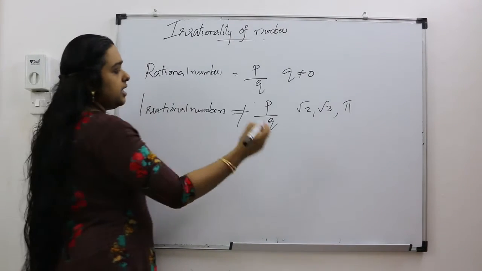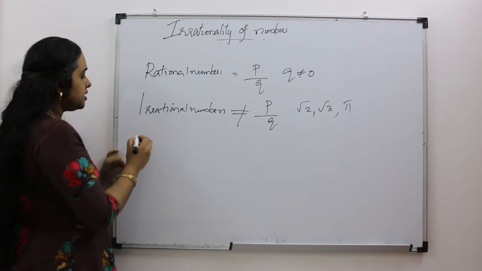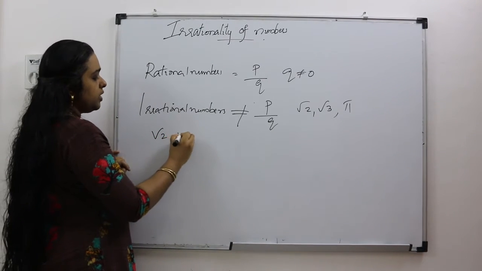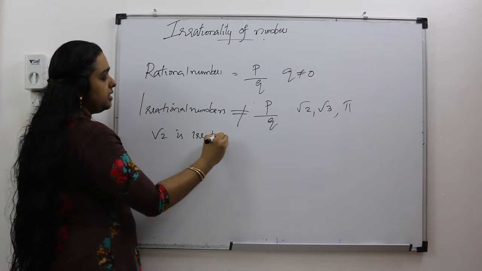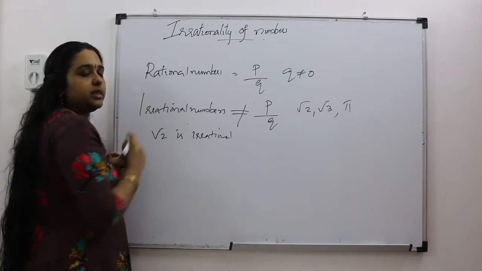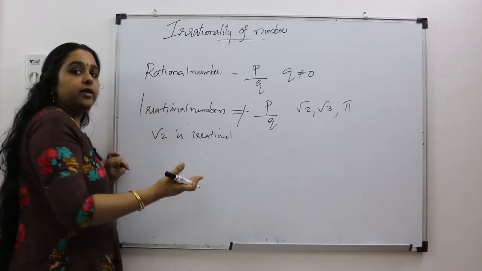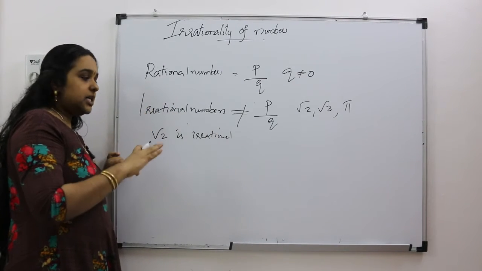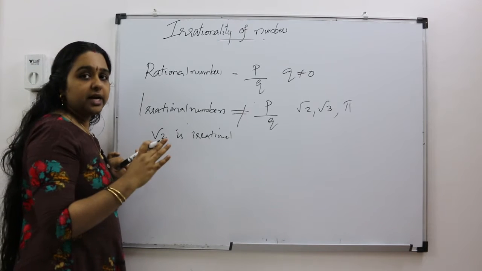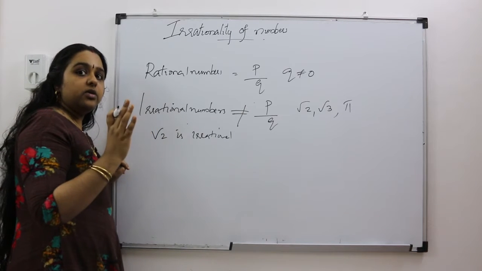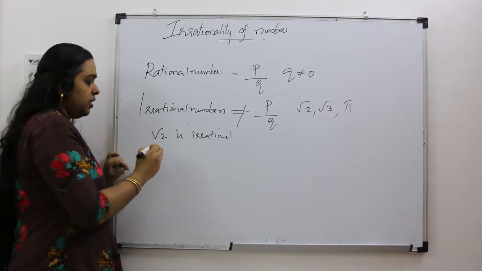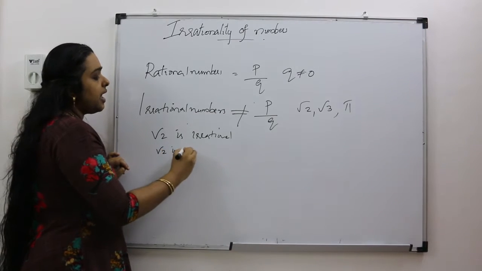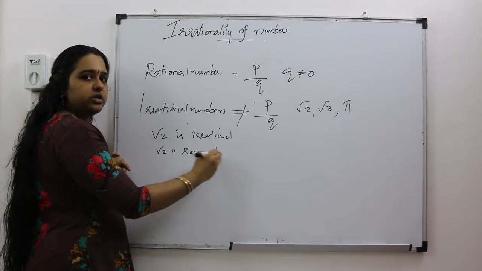Suppose we are asked to prove root 2 is irrational, then what we have to do? We have to make a contradictory assumption that root 2 is rational, the opposite of irrational.